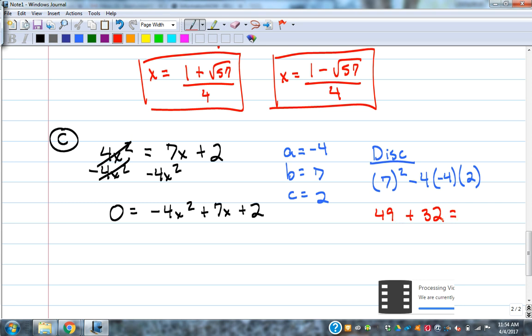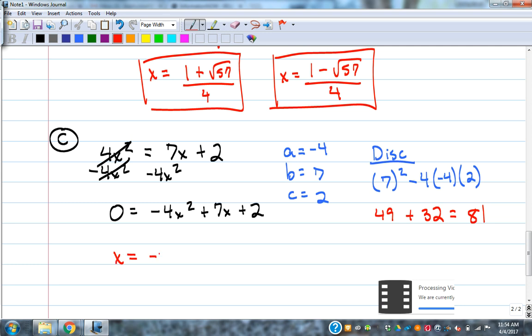It'd be 81. And 81 is a good number, right? We can take the square root of 81. 9 times 9 is 81. So the square root of 81 is 9. So we know that's going to help us when we go to do our quadratic formula.